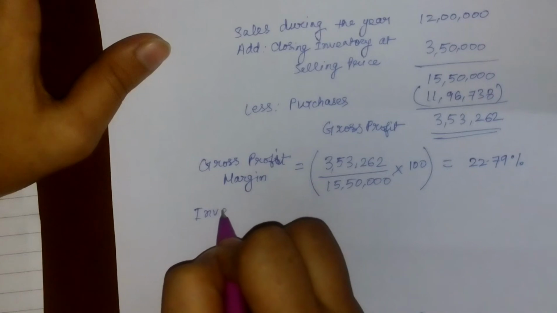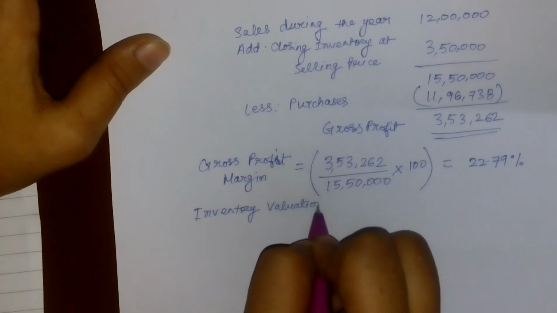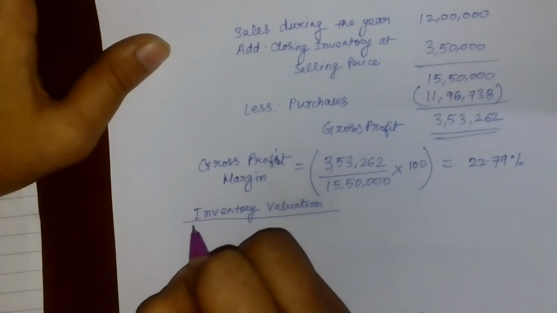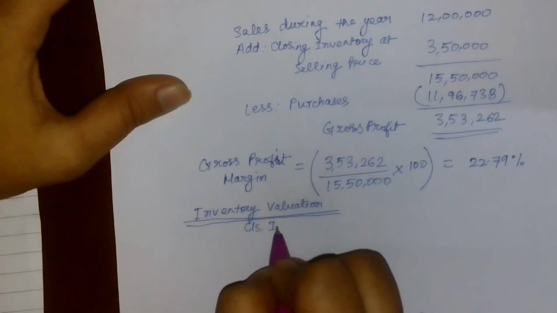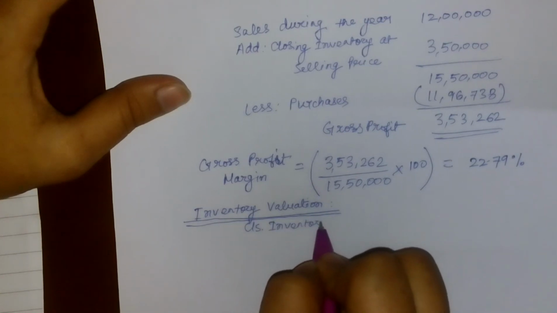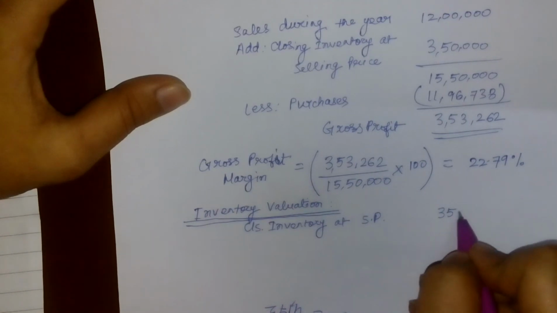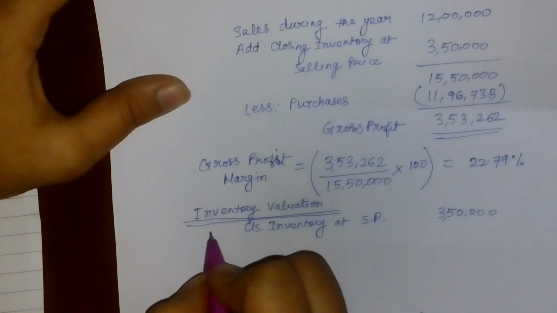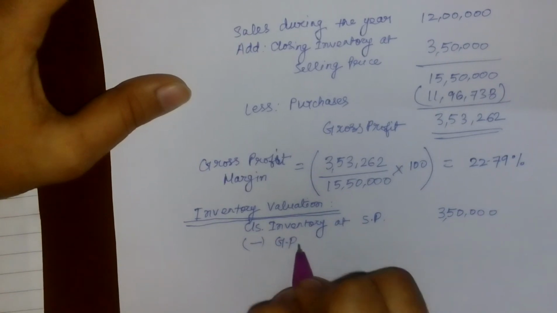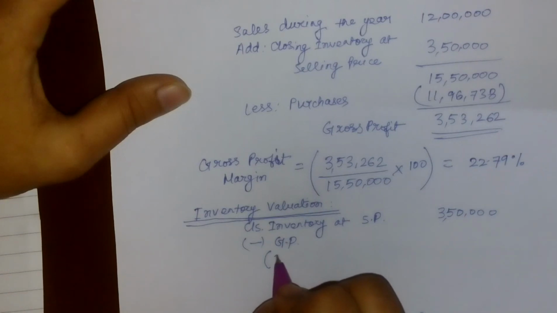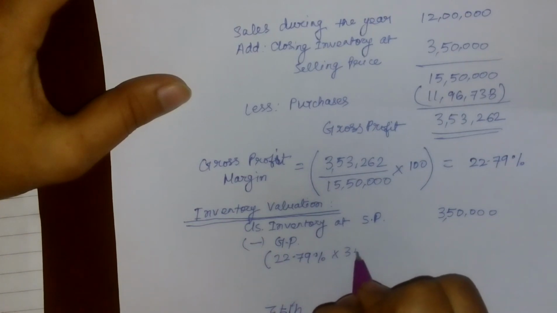So finally, the inventory valuation: closing inventory at selling price was 3,50,000 minus amount of gross profit, and that we'll find: 22.79% of 3,50,000.